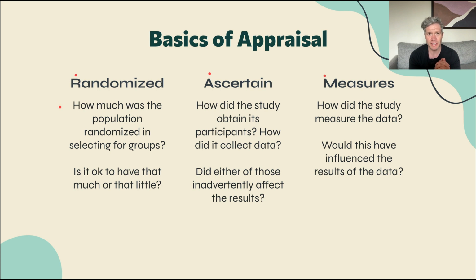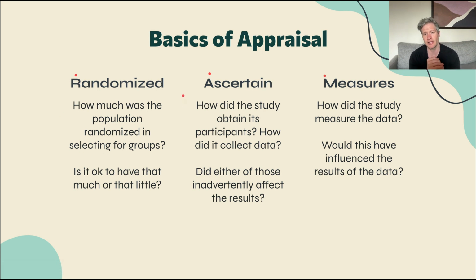Typically, we want to randomize our groups where possible. Not all methods allow that, and it's not always the best practice in all methodology, but when and where we can, are we randomly allocating our participants to different groups? That adds strength to our study and our research methods. So that's the first one.